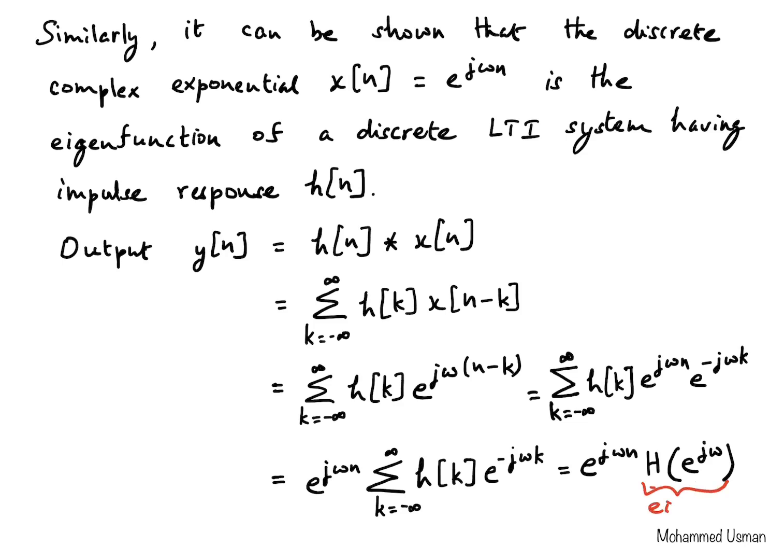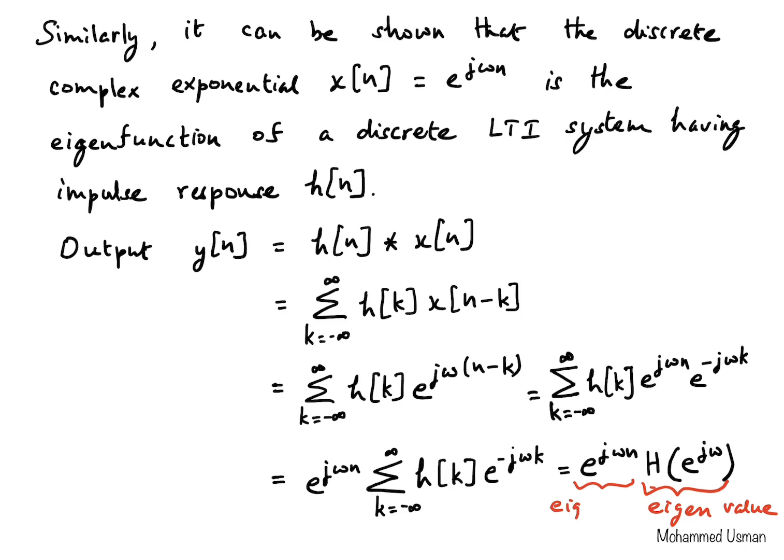So that's our eigenvalue, and e power j omega n is the eigenfunction. Eigenfunction means it's a signal which, when applied to an LTI system, produces the same signal scaled by the eigenvalue.